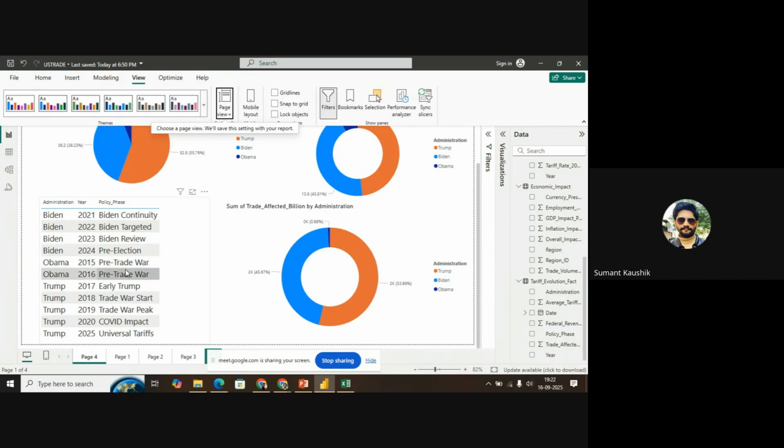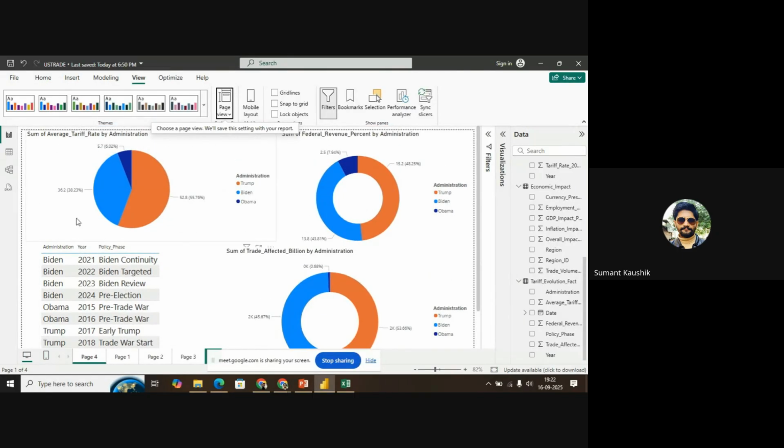So in the Obama administration, if you talk about 2015, let's say I select 2015. On this, we have the data for year, administration, and the policy phase. On the upper left, we have the sum of average tariff by the particular administration.